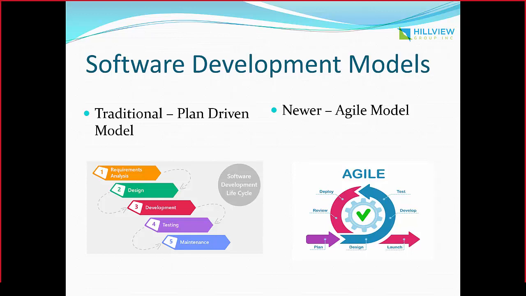We talked about the traditional, which is the plan driven model, and then we talked about the agile model from a category standpoint, right? We started talking about the standard life cycle models. They help us to mitigate failures in software development. We highlighted three main reasons why software efforts fail.